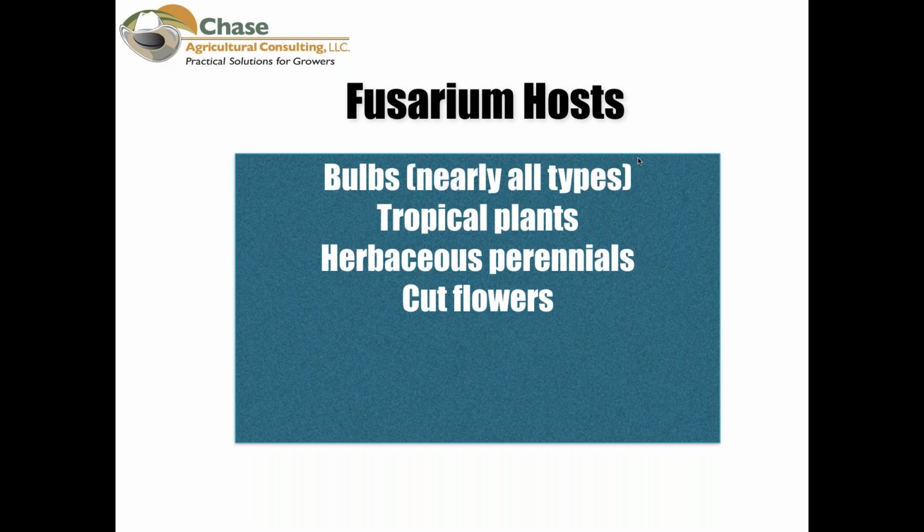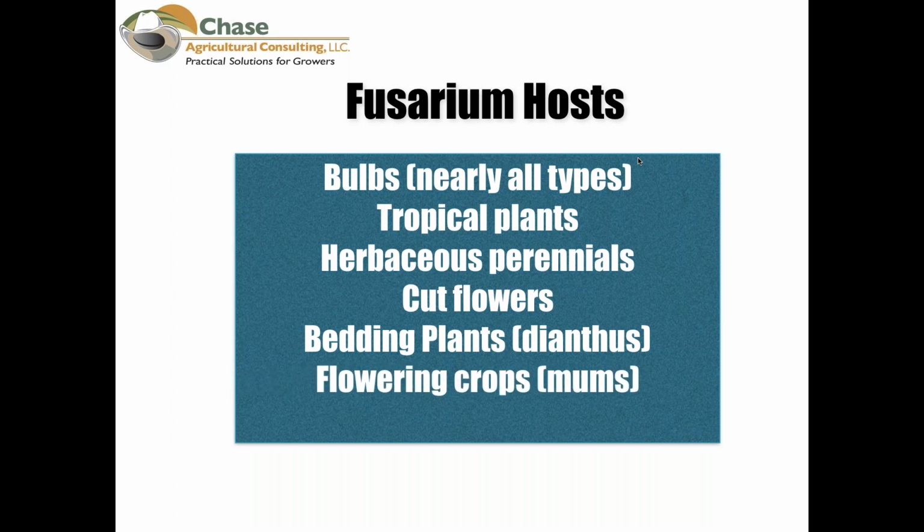Cut flowers, another problem child. I mentioned the bulbs before with gladiolus, but they are a cut flower in many instances. That's a problem for them and many of the others, like carnations. Bedding plants, especially dianthus. Flowering crops, like the mums we looked at the very beginning.